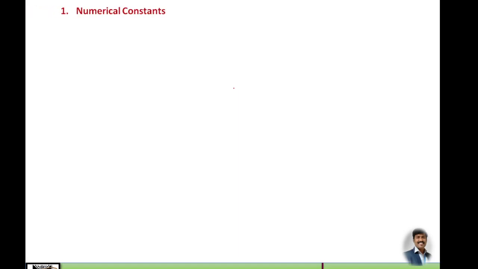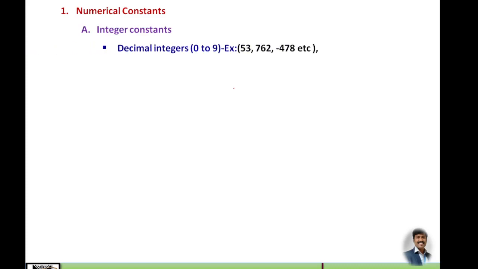So let us understand the types of constants by looking at examples. In numerical constants, we have integer constants, and in integer constants we have different types.